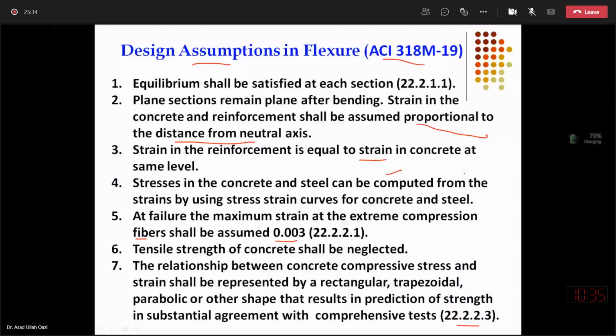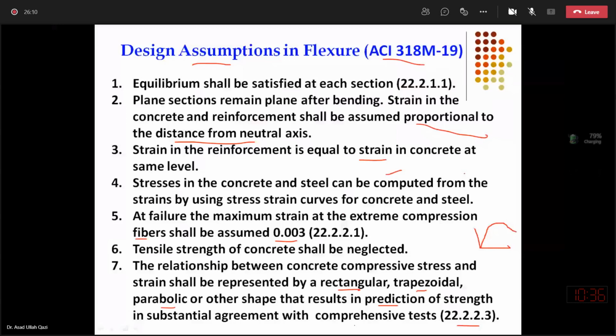The actual stress strain relationship of concrete is non-linear and almost parabolic. So the code has allowed us to replace this with an equivalent rectangular or trapezoidal stress. The requirement is that the prediction of strength should be in substantial agreement with comprehensive tests.